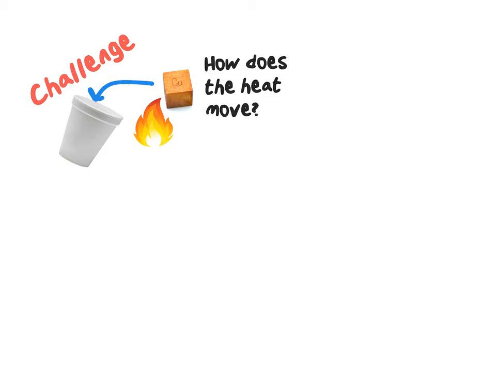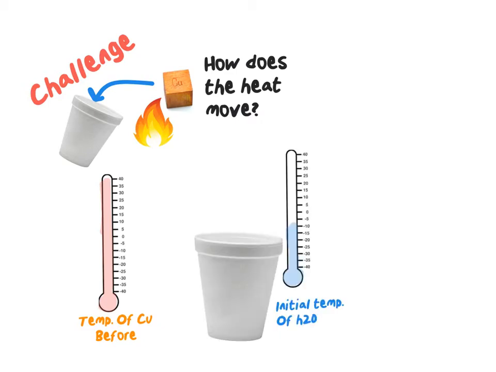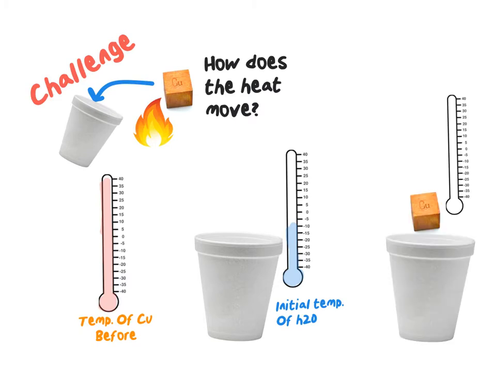If we were to measure the temperature of the copper block ahead of putting it into the water, and measure the water initially, and then take the final measurements after they'd been in contact with one another for a few minutes, what we'd find is that the temperature of the copper block decreased and the temperature of the water increased.